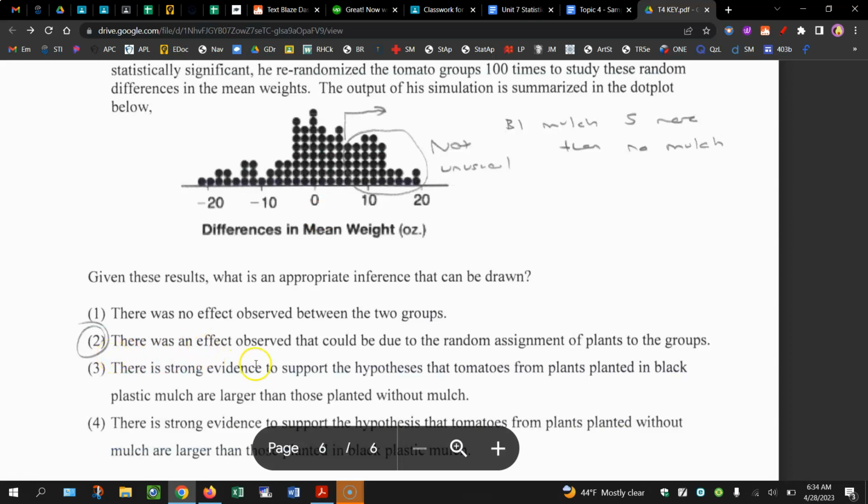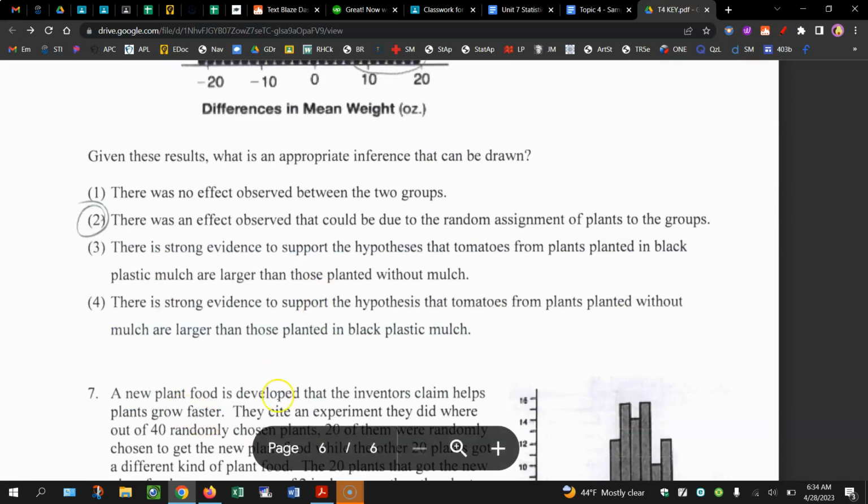So that's why we don't have strong evidence to support the hypothesis that they're larger or that the ones planted without mulch are larger. Well, that doesn't make any sense. The ones planted without mulch were not larger, so that doesn't make any sense. So the observed effect just could be due to chance here.